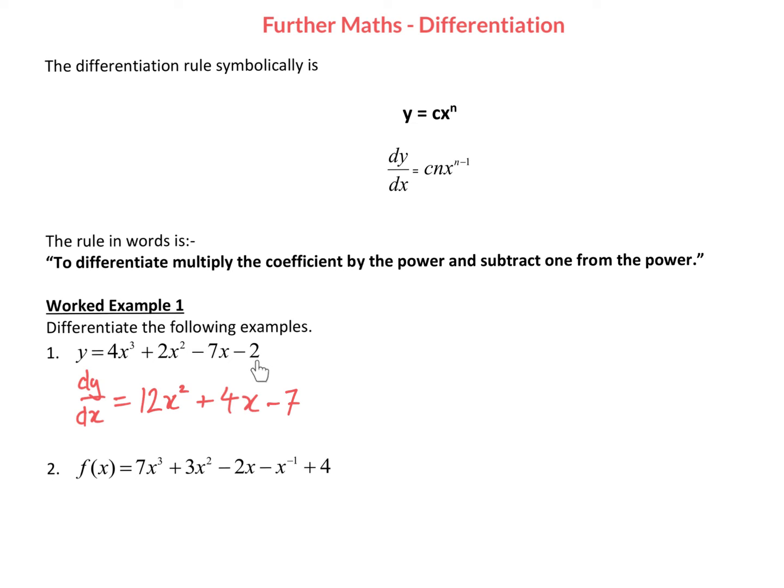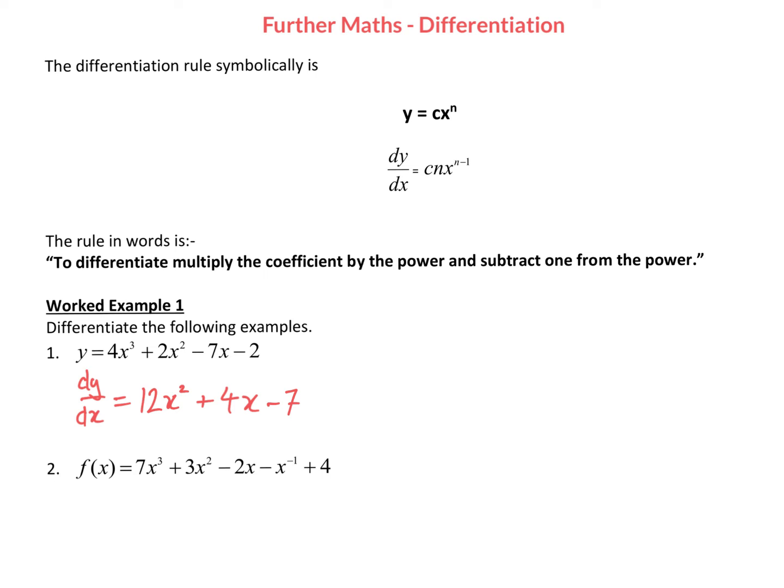Likewise, we could write 2 as 2 times x to the power of 0, but when we multiply through by 0, we get nothing. So any time we have a constant on its own and we differentiate it, it becomes 0. Any time we have an x term on its own and we differentiate it, we're just left with the coefficient in front of it.